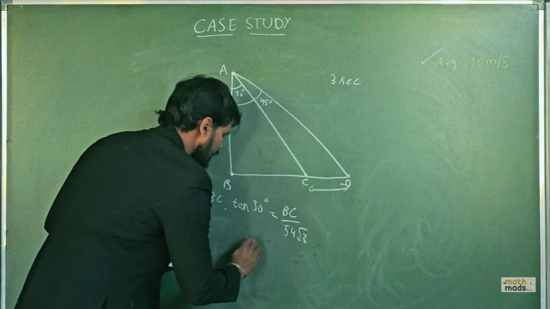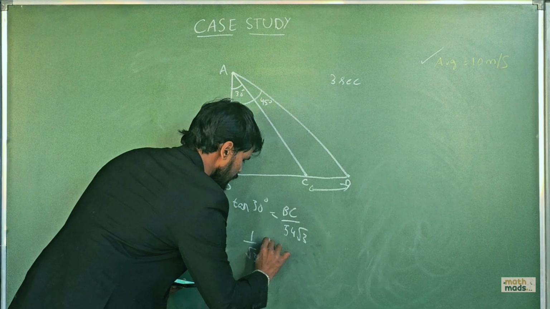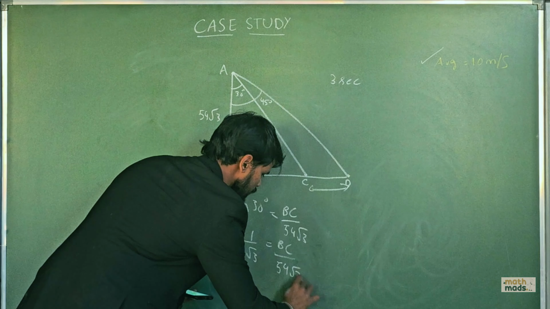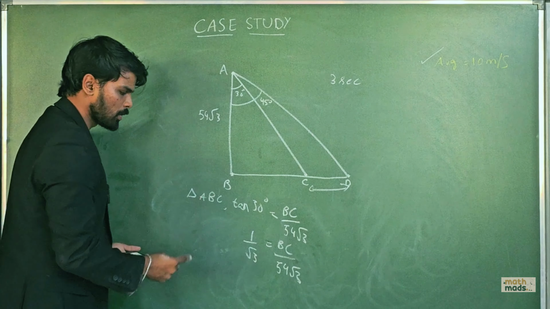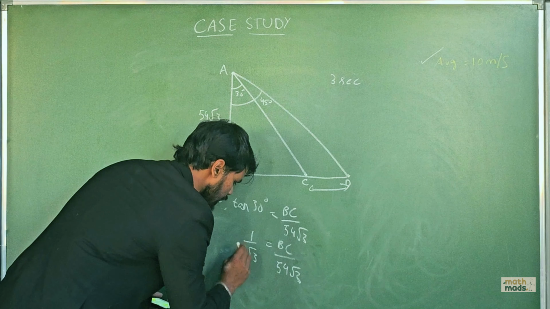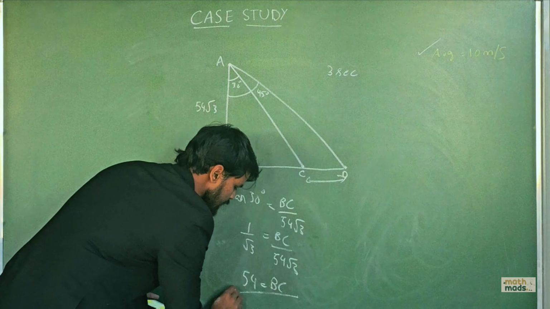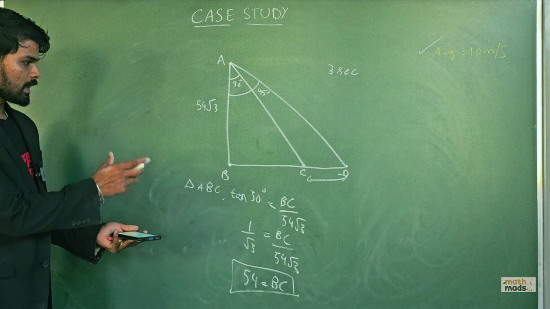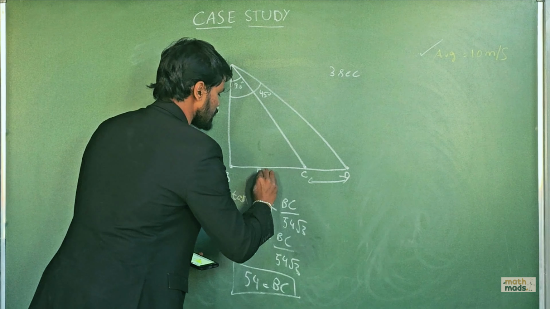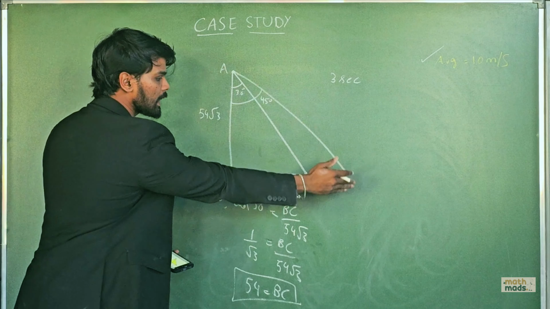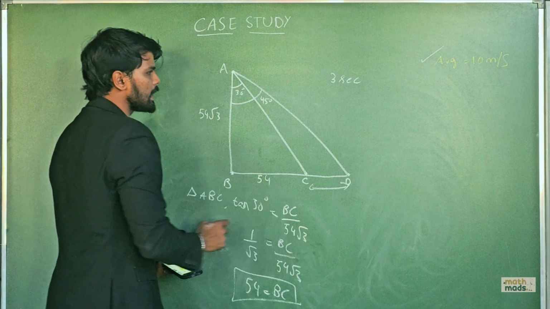Tan 30 is nothing but 1 by root 3, which is equal to BC by 54 root 3. If I transfer 54 root 3 to the other side, root 3 and root 3 will get cancelled. So I have 54 is equal to BC. We have found what BC is here. BC is 54.